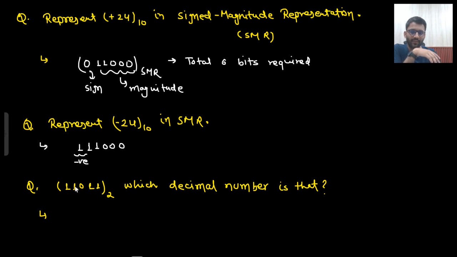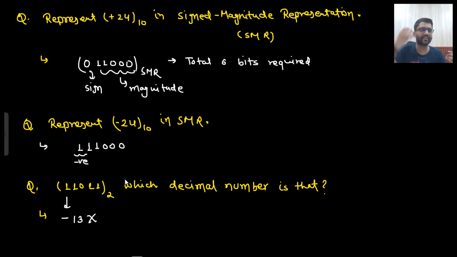Now this is the question: which decimal number is this? So the first bit will denote the sign and the rest will be 8, 4, 2, 1, so minus 13. Wrong answer. Why is it wrong? Because where did I say that this is signed magnitude representation? I did not say it.